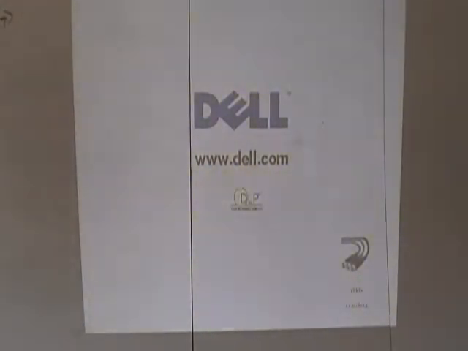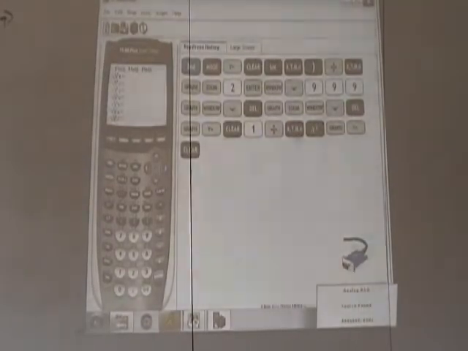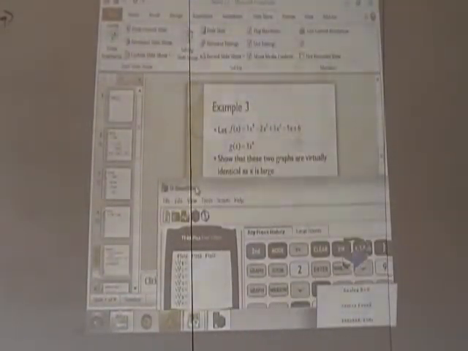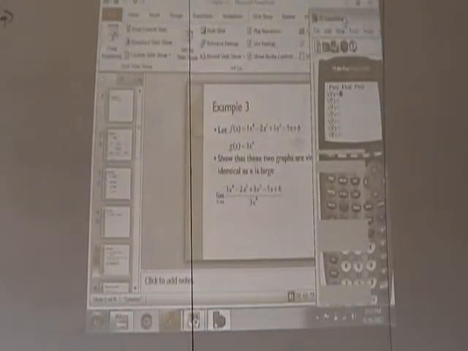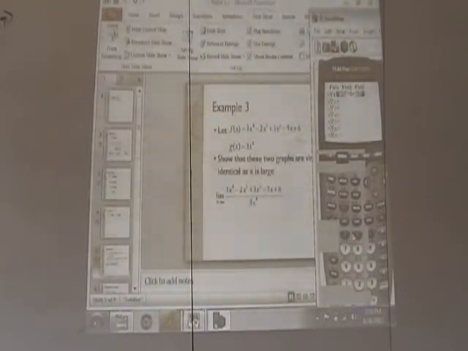I'm just going to do it. 3x to the 4th. Hit down to enter another equation.